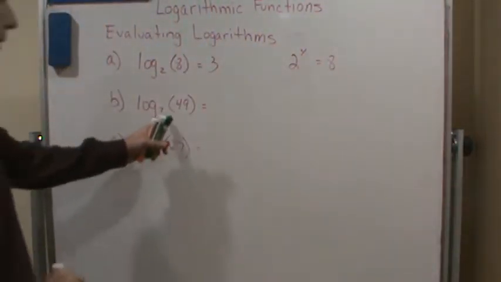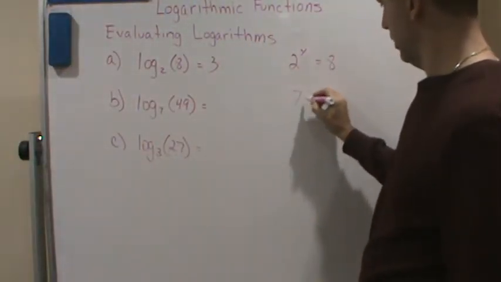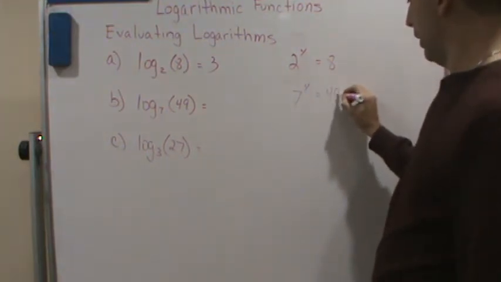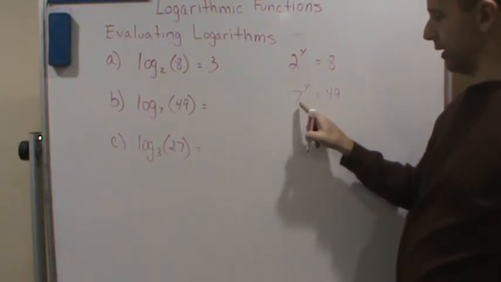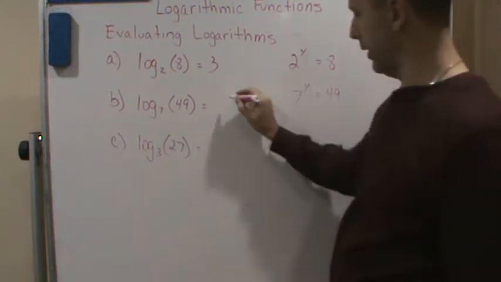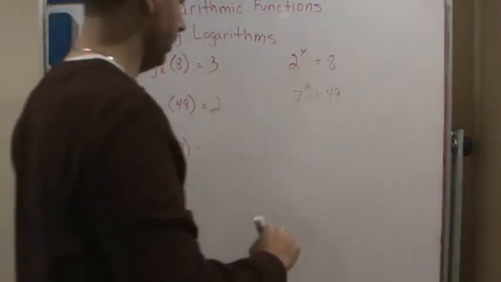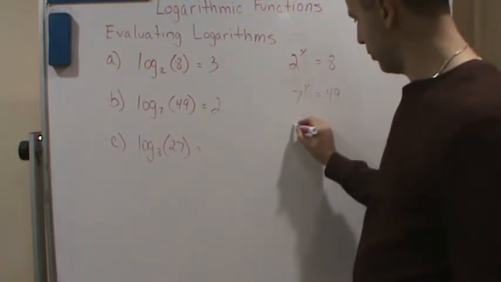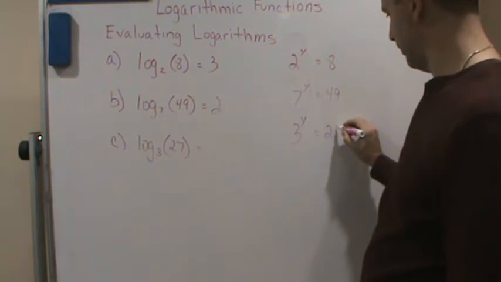And then, of course, if I rewrite this one in exponential form, I get 7 raised to what power equals 49. Well, easy if we know our squares, we know that 7 squared is 49, so that's going to be 2. And then if we take this one, log base 3 of 27, we say 3 to what power equals 27.